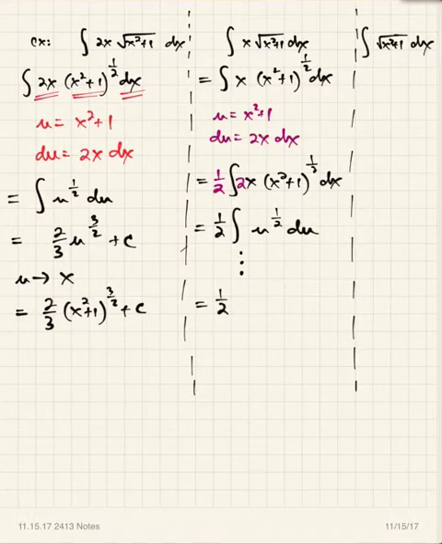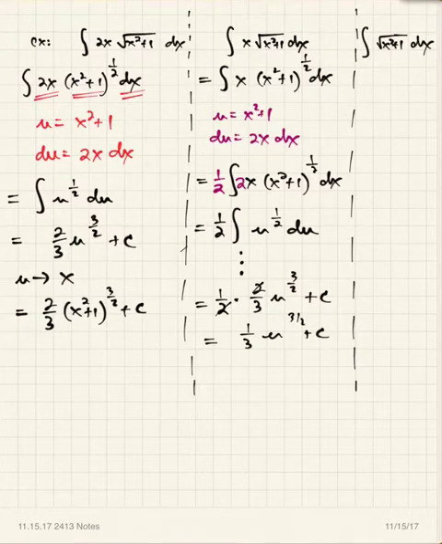The 1/2 comes along for the ride there, and then the integral of u to the 1/2 du is going to be 2/3 u to the 3/2 plus a constant. And then the 2's will divide out right here. And then I'll have 1/3 times u to the 3/2 plus our constant.